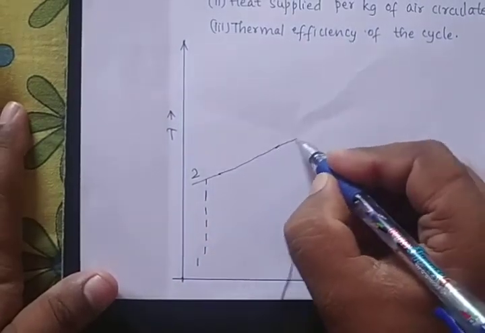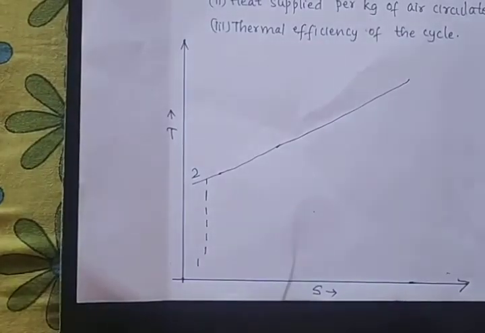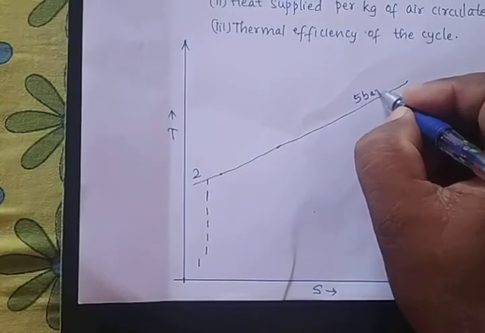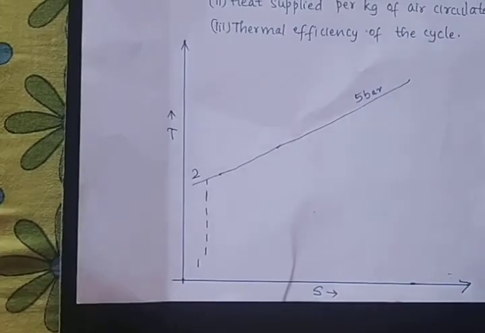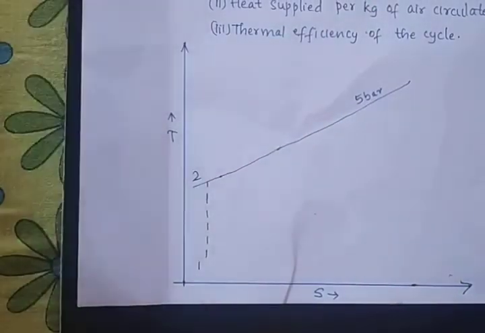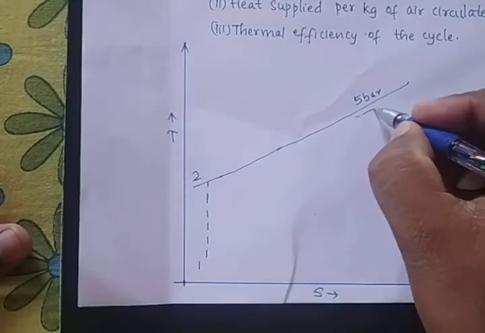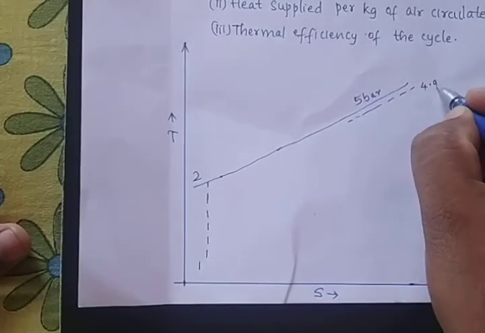Again you can draw the thin lines, and then this is at 5 bar. So now what he says, there is loss in pressure in the combustion chamber. So pressure is lost by 0.1 bar. So what happens? So 4.9 bar.